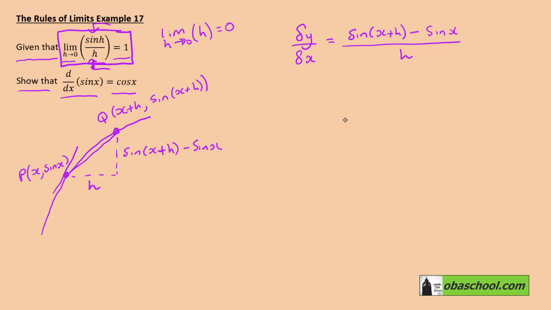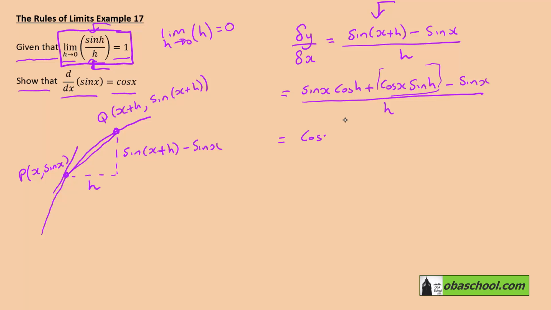Now, if you're aware of trigonometric identities, there is an expansion for this one, which is sine x cos h plus cos x sine h. And then we've got the minus sine x on the end, and divide that by h. Now, we're going to split that by taking this term first.